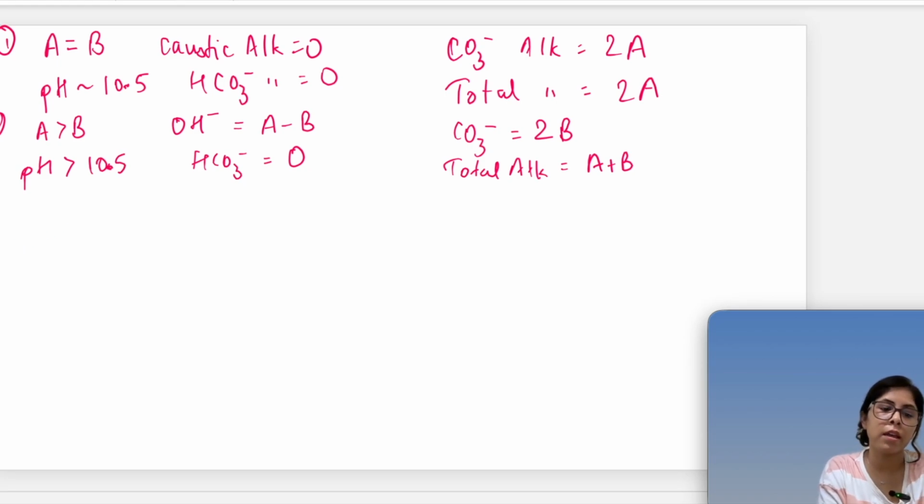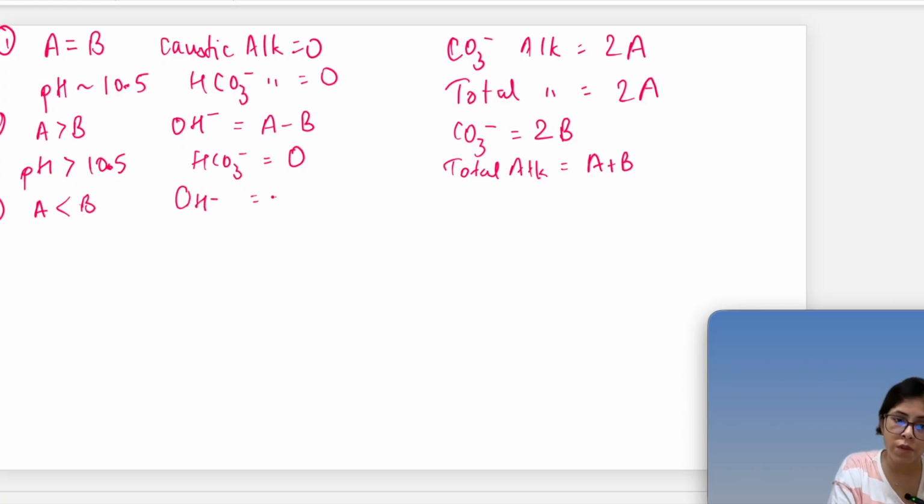Okay, and the third case, when A is less than B, that is, we have OH minus alkalinity as 0.